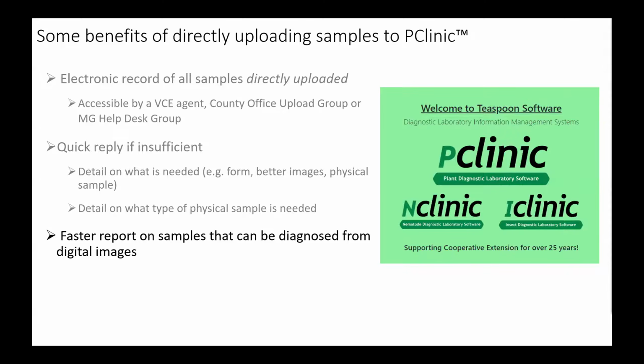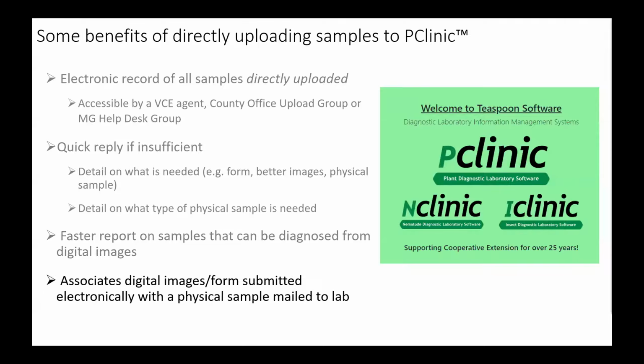One of the things that clients have really liked and agents have liked is that there's a faster report on samples that can be diagnosed from digital images. And of course, there's no need to mail a sample in. So if we can accurately diagnose something from digital images, it's a real time saver.